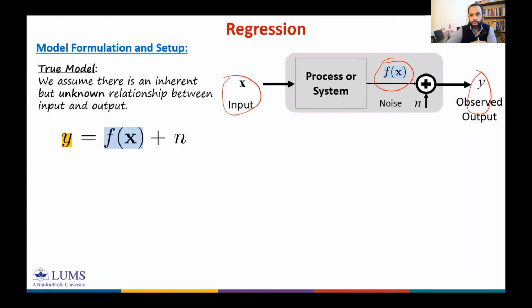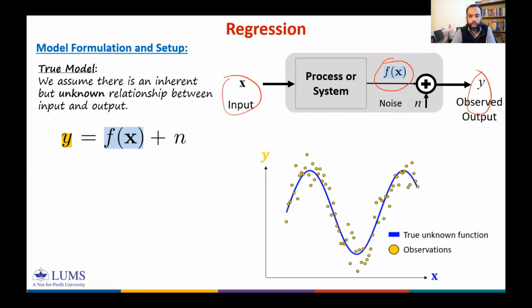So in the first slide, I showed you an example of a linear relationship. If you have some non-linear relationship, this blue curve is f of x, and the measurements on the blue curve are disturbed by noise, so you get these yellow observations.